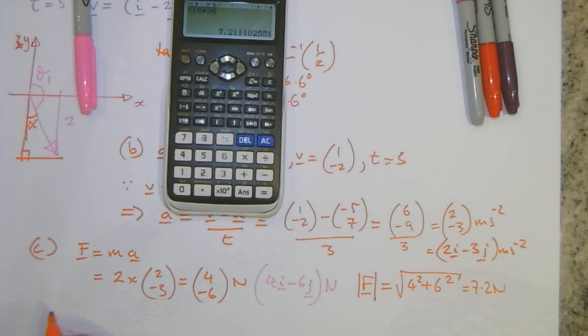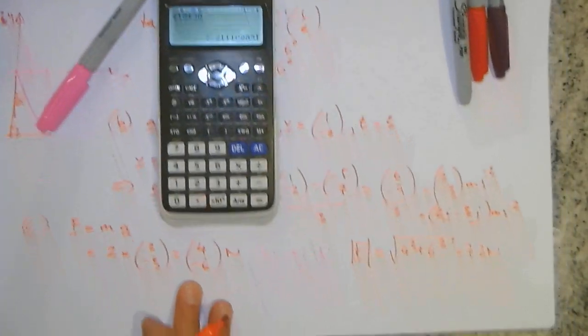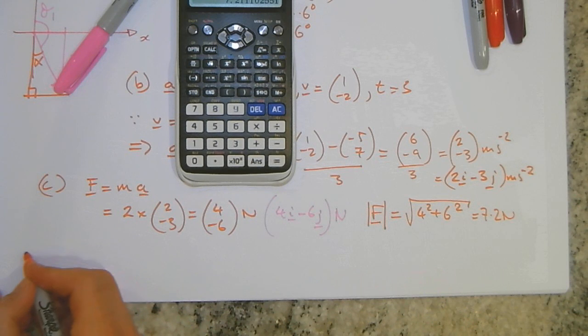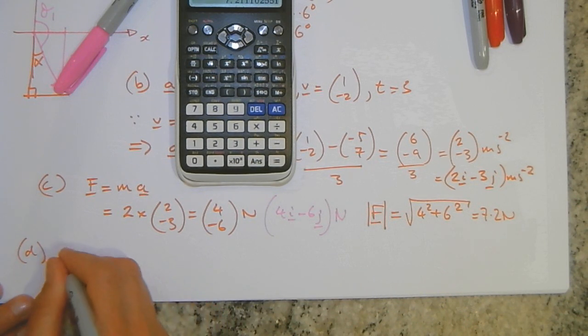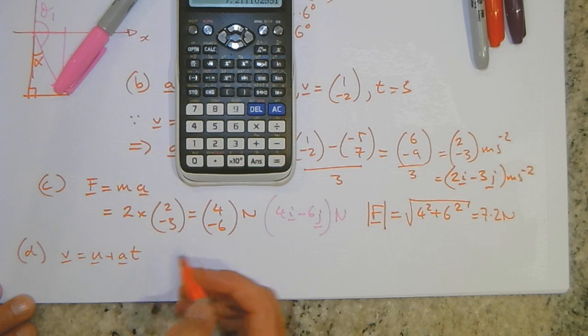Find in terms of t the velocity of, right, I'm just running out. I'll fit it in, I'm sure I can fit it in here. Right, d. The velocity, v is u plus at. Super.